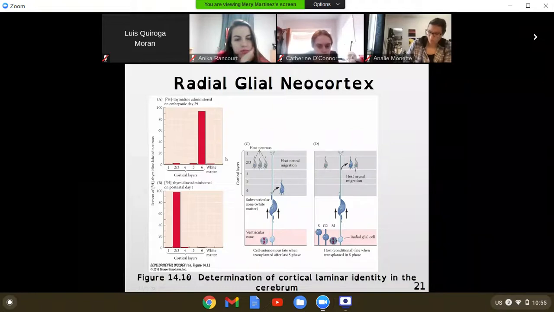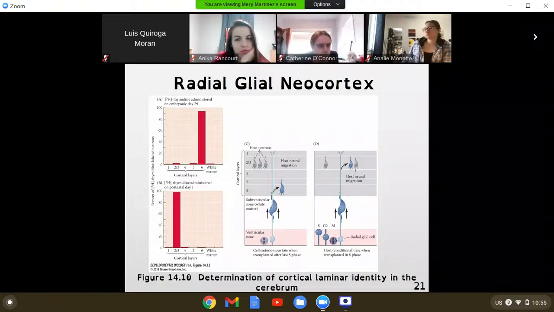As in the rest of the brain, those neural precursors with the earliest birthdays form the layer closest to the ventricle. It's like when you try to get into a bus or a metro.